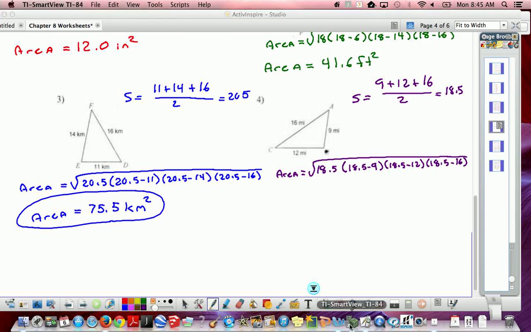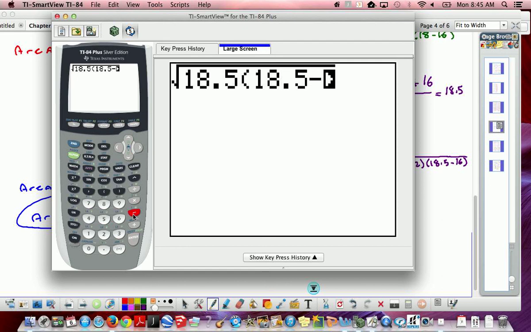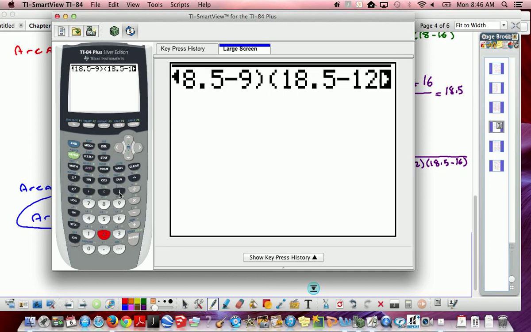Just because I've got a little time on this video, I'll do that one more time on the calculator. When you do the square root, you type in your first number, 18.5, and then you can either go times or just go right into parentheses because the calculator will assume multiplication. 18.5 minus 9, 18.5 minus 12, and 18.5 minus 16.